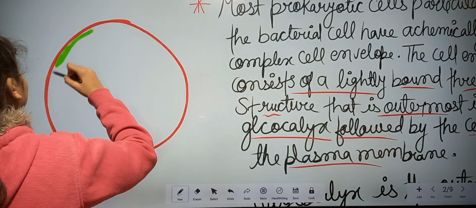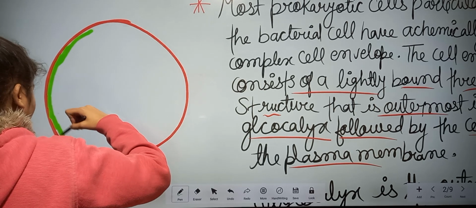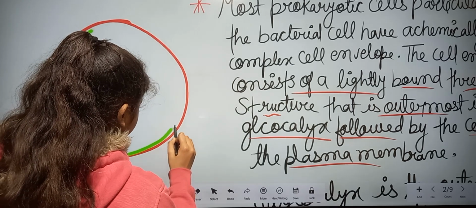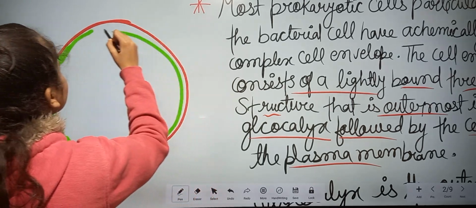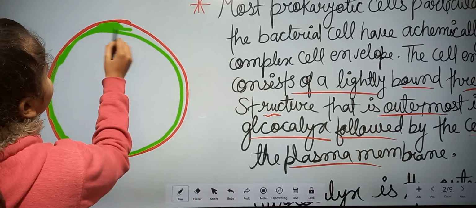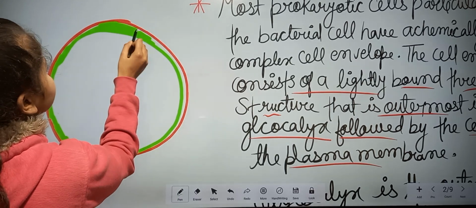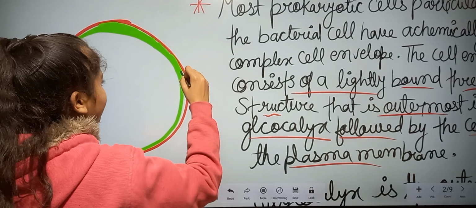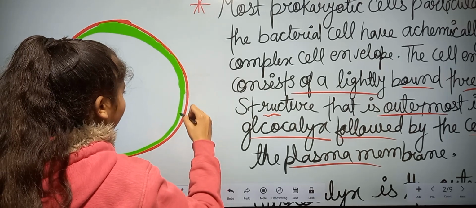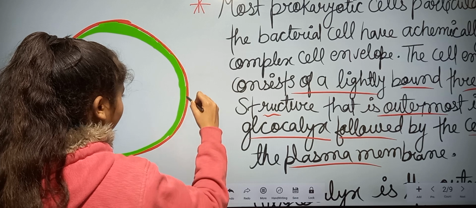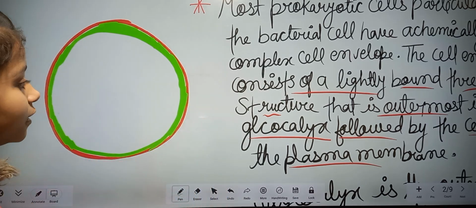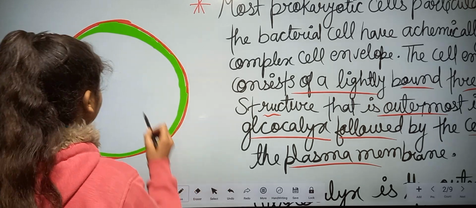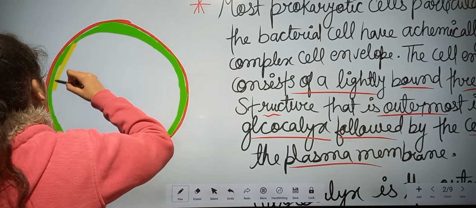The green color is the cell wall. There is no space between glycocalyx and cell wall. I have drawn it this way so you can understand which is glycocalyx and which is cell wall. And the third one is the plasma membrane. It means the innermost layer is called plasma membrane.